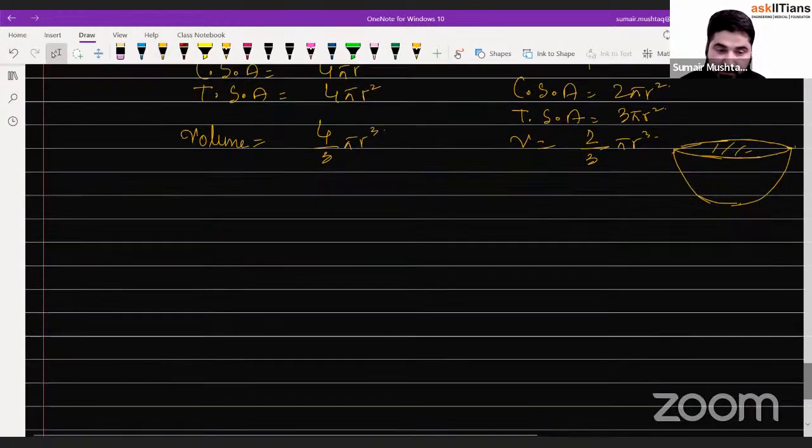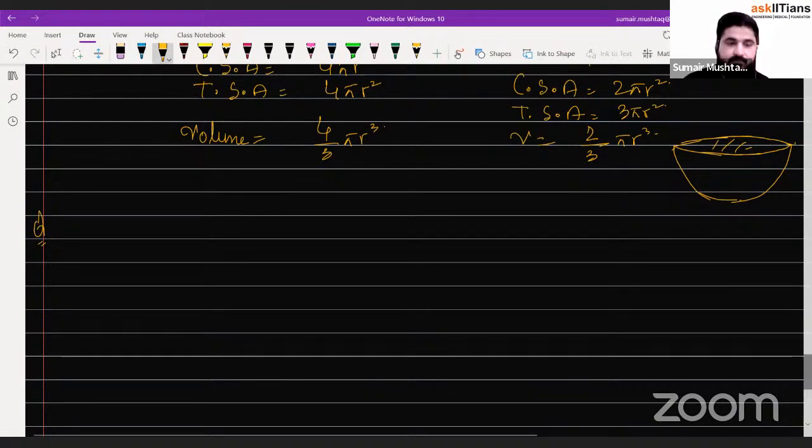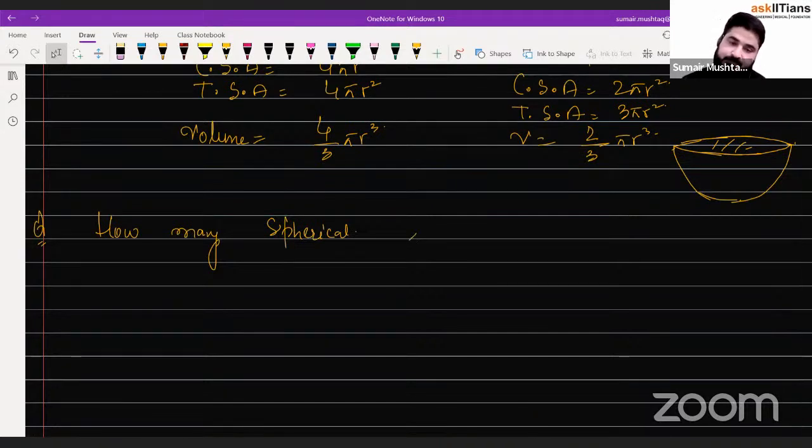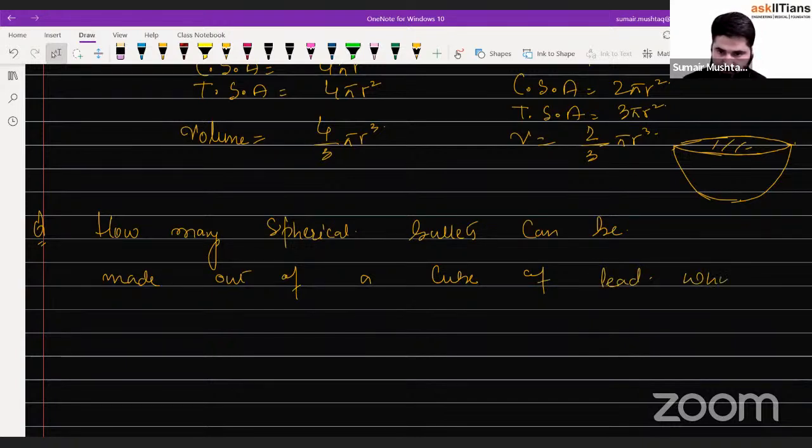One simple question for this. How many spherical bullets can be made out of a cube of lead whose edge is 22 centimeter?